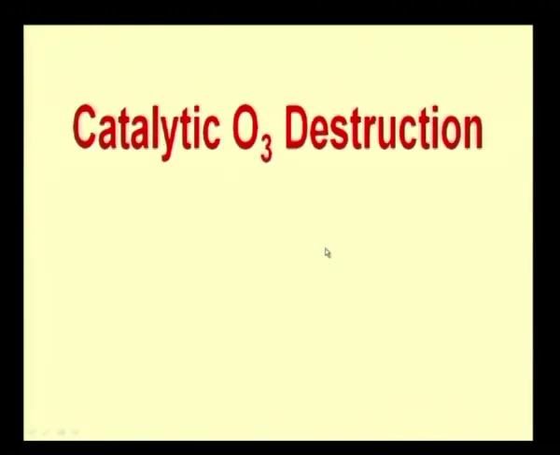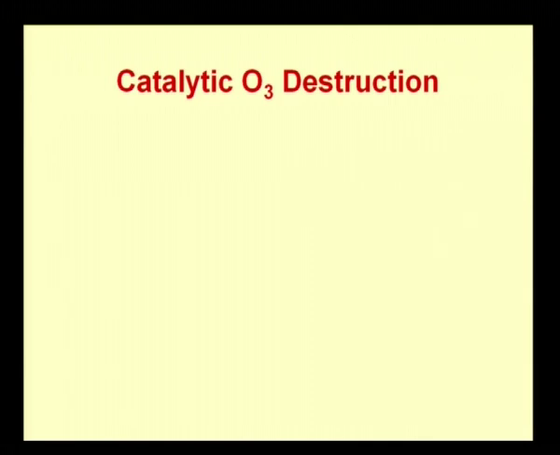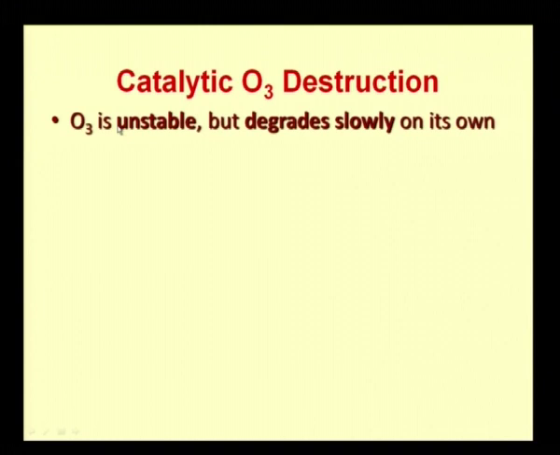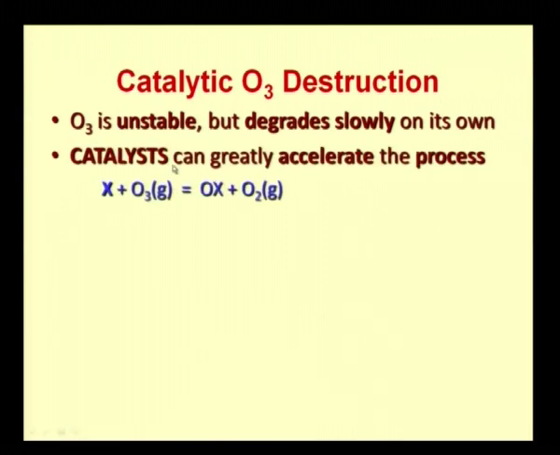And now, let us see how they interact with the atmosphere, or how ozone is depleted. Here we have already seen that ozone O3 is unstable and it degrades slowly on its own, and a catalyst can greatly accelerate the process. For example, O3 gas reacts with the catalyst X, giving OX plus O2. Let me depict it with a small example.